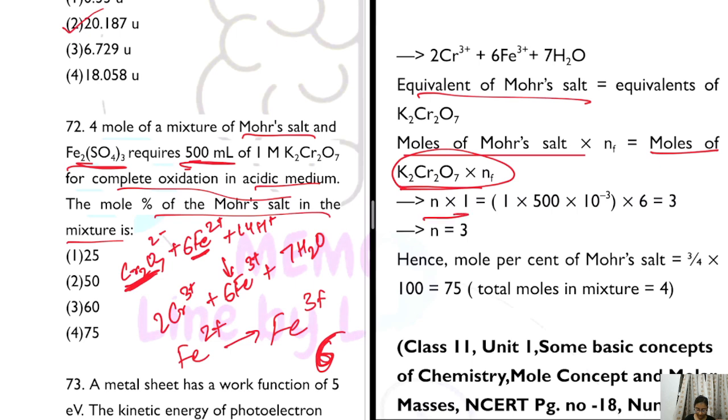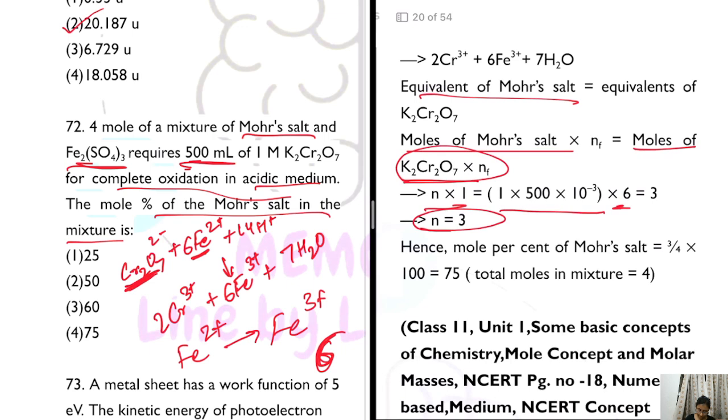So n into 1 equals 1 into 500 into 10 to the power minus 3 into 6. That will give us n equals 3.